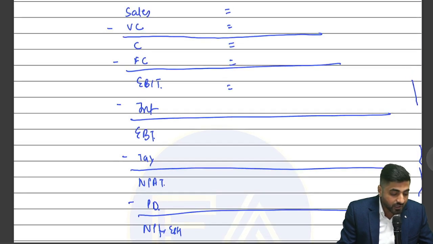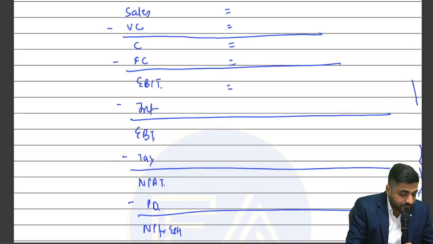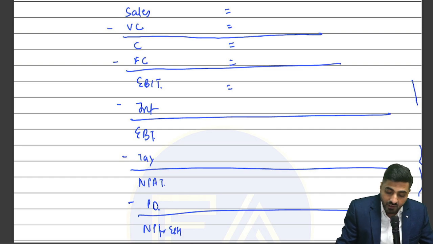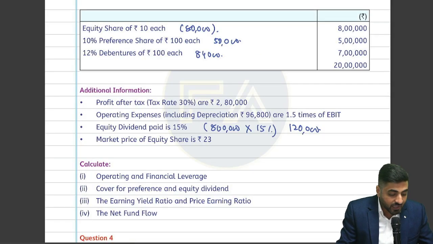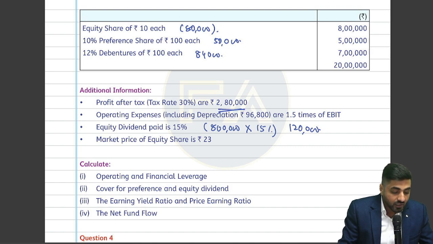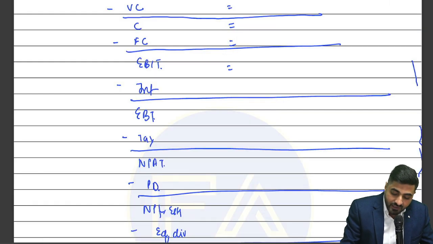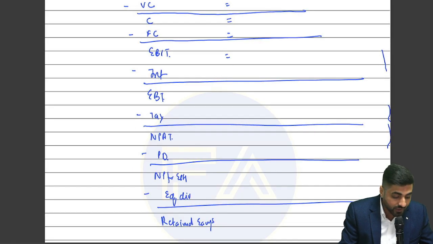Now we don't have the amount of the sales, but actually what we have is your amount of NPAT. What is the amount of the NPAT which we have, guys? 2,80,000. Start with your NPAT, which is nothing but 2,80,000.